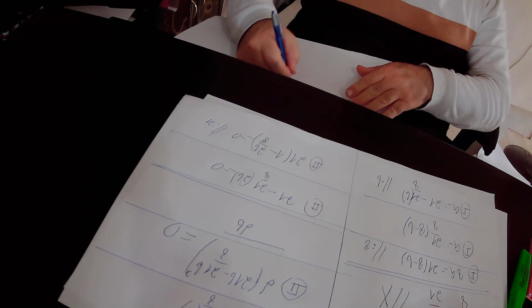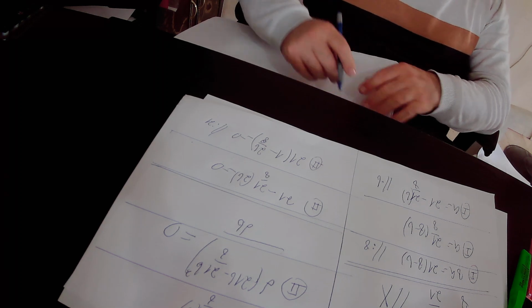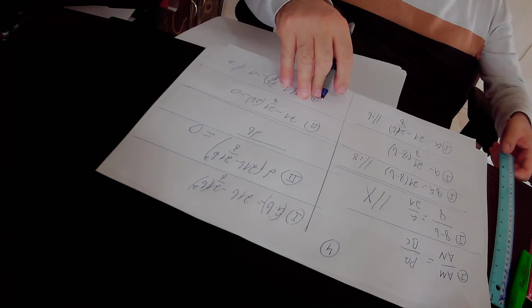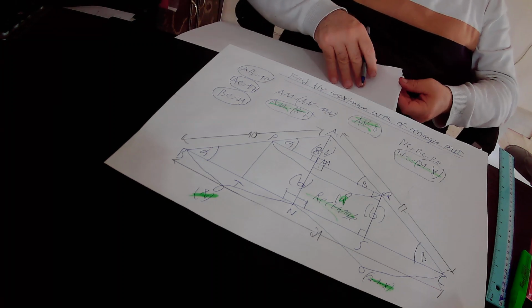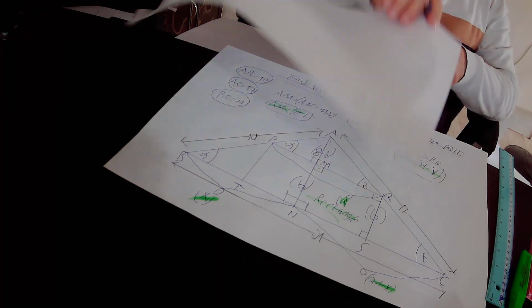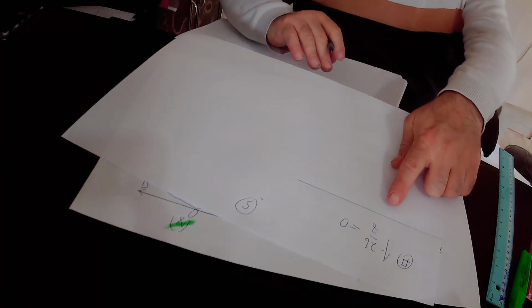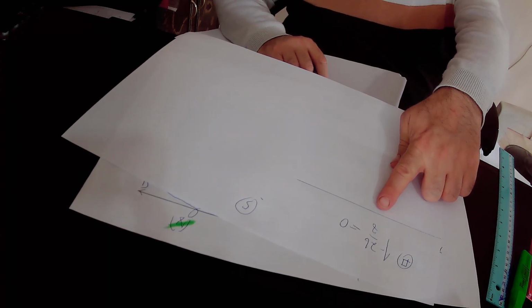So actually, according to equation 2, we found out that 1 minus 2b over 8 equals 0.